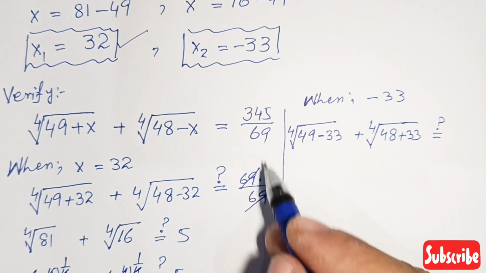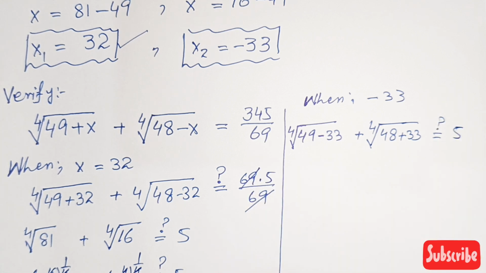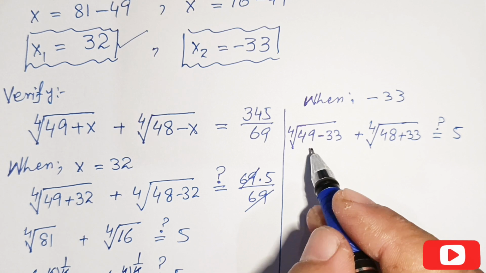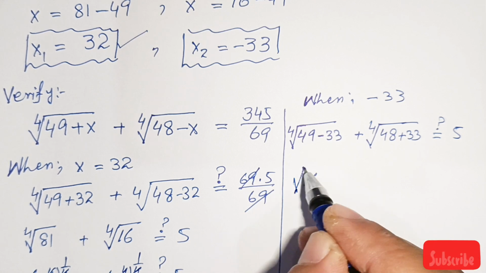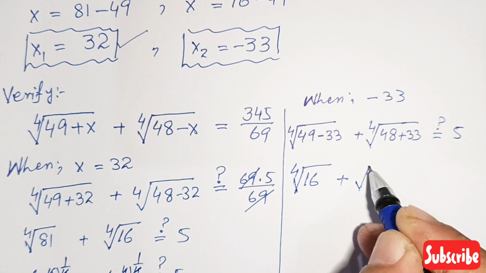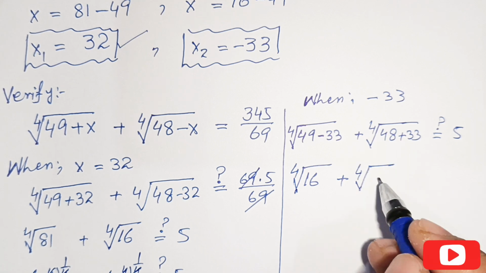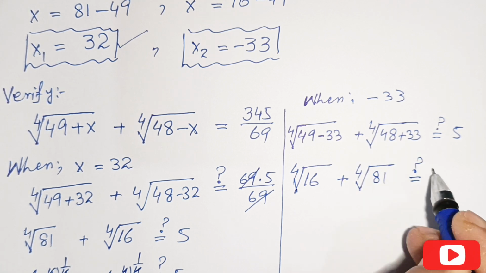Is it equal to, here we just write, 5? Now here 49 minus 33 is equal to 16, so the fourth root of 16, and similarly the fourth root of 48 plus 33, we get 81. Is it equal to 5?